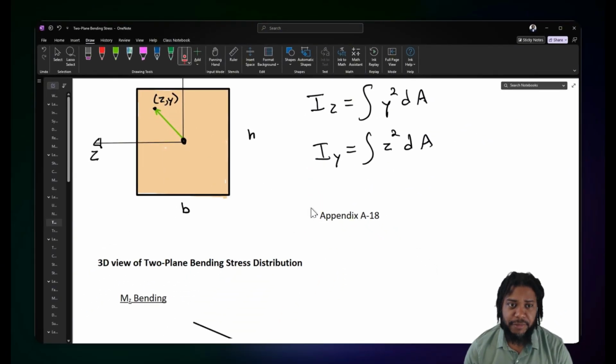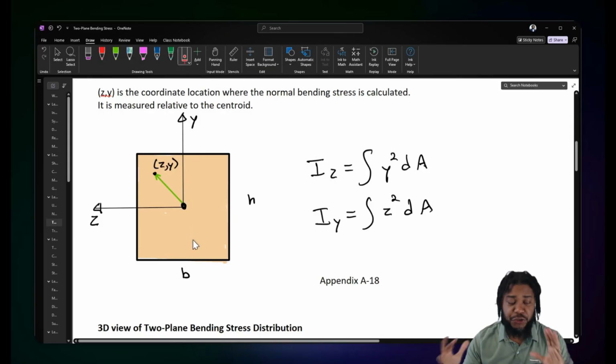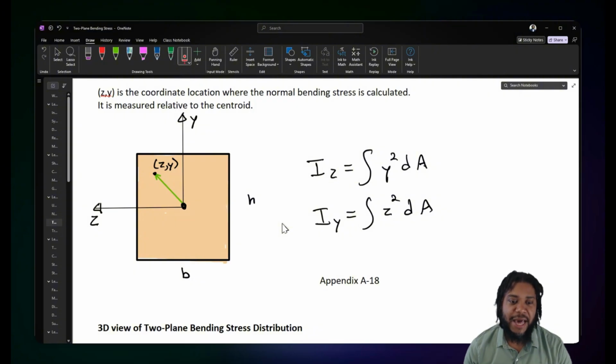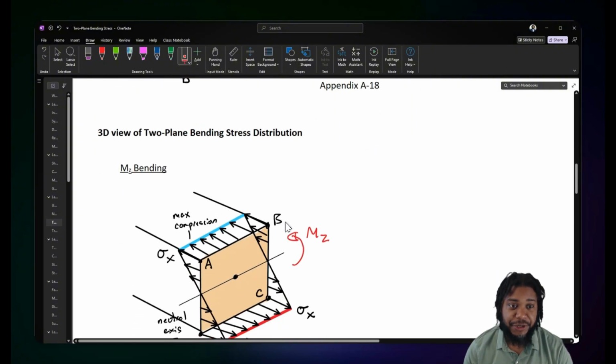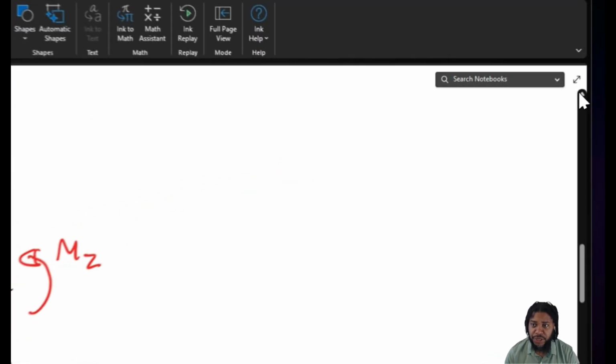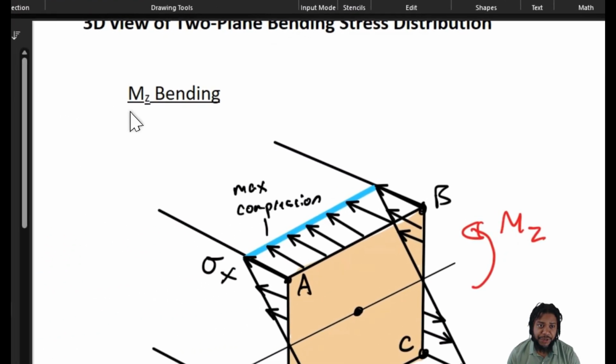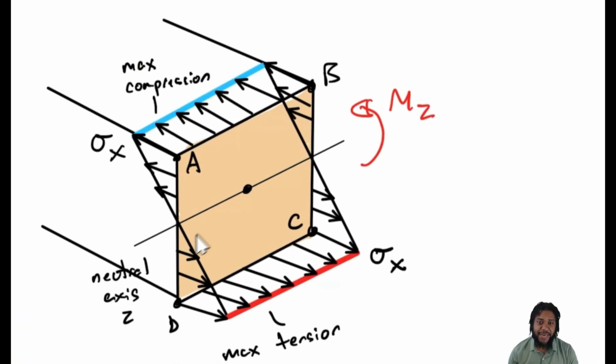So now that we've got an idea of this two-plane bending, let's try to visualize how stresses are distributed when we're bending around two directions. Let's first consider bending due to the moment about the z-axis.